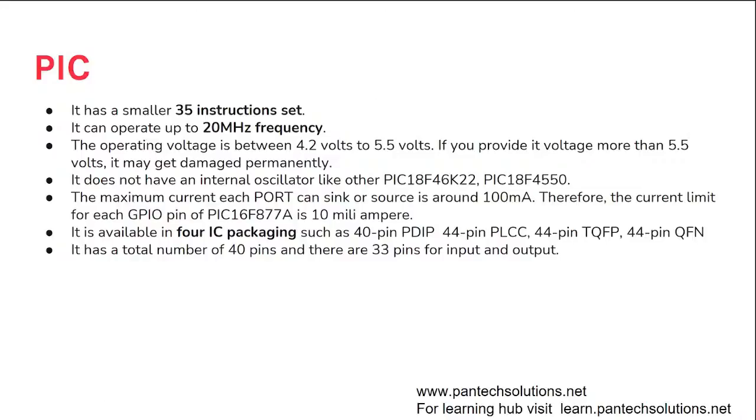It is available in 4 different IC packagings: 40 pin dual in-line package, 44 pin plastic lead chip carrier, 44 pin thin quad flat package, and 44 pin QFN package. It has 40 pins, and out of 40 pins, 33 pins can be used as general purpose input and output.